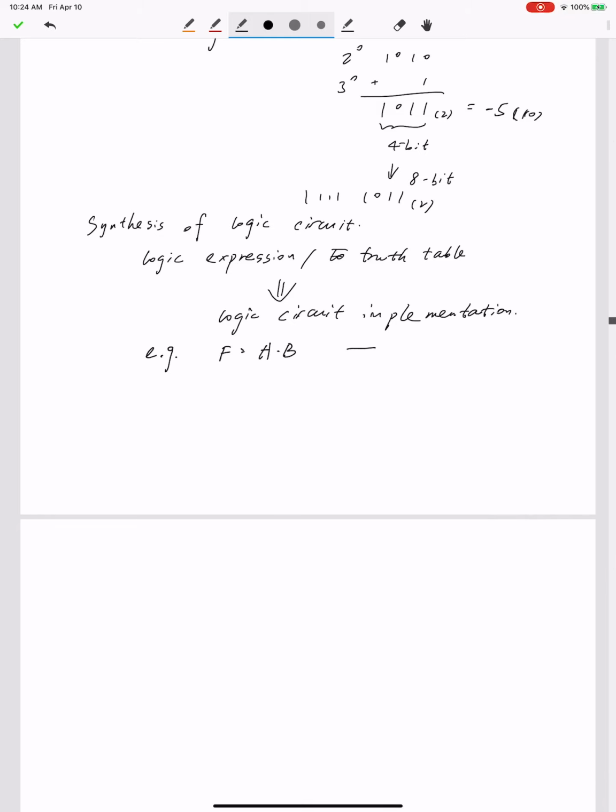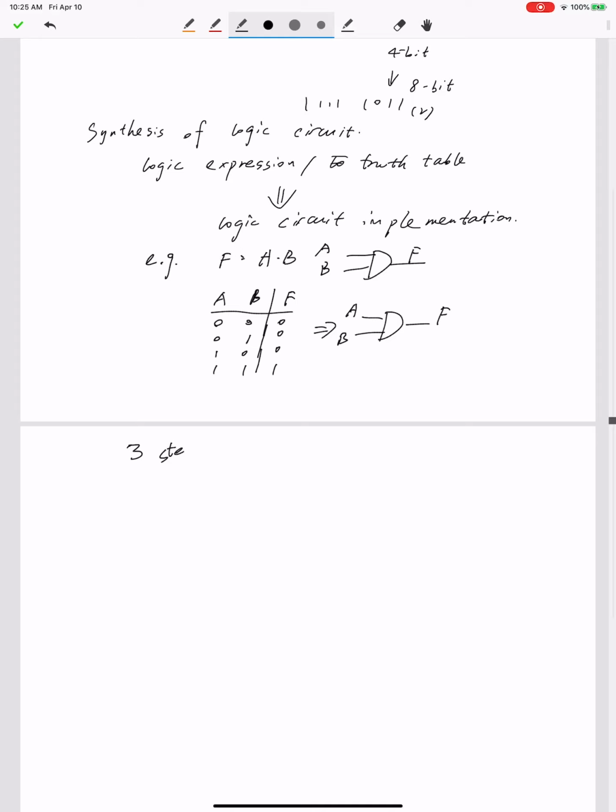The other form could be if the question gives you a truth table and it tells you the output of F, right? From here you should also be able to find the logic circuit implementation. If you have a truth table, then we have 3 steps to realize a truth table with a logic circuit.